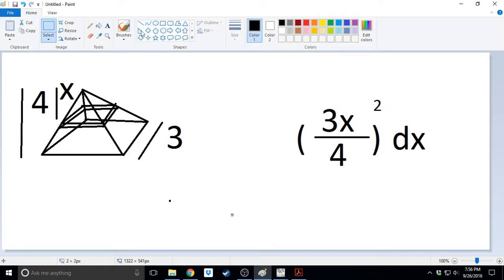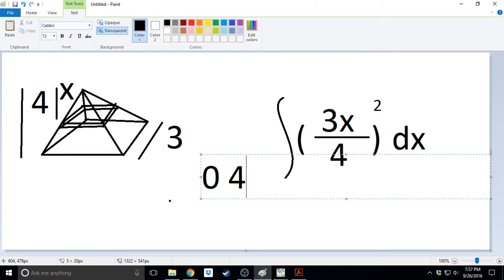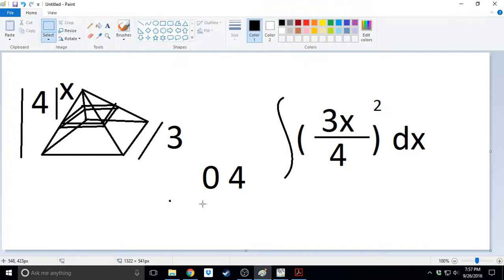And then the integral from 0, which is this point here, down to 4, which is the base, is going to be the volume of this pyramid.